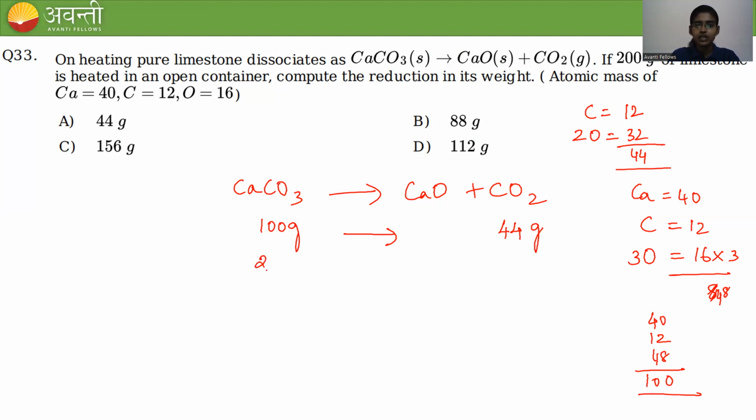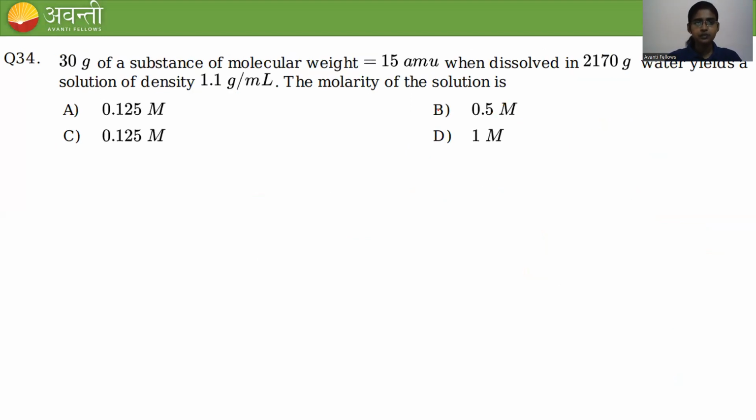If 200 gram of CaCO3 is heated, it produces 44 into 2 gram of carbon dioxide, that is, 88 gram. So option B is the correct answer. Got it? Now moving on to the next question.